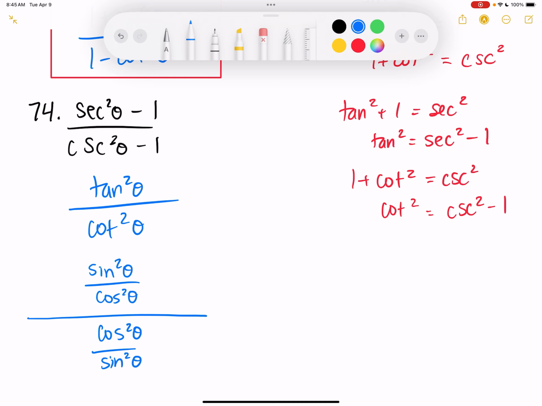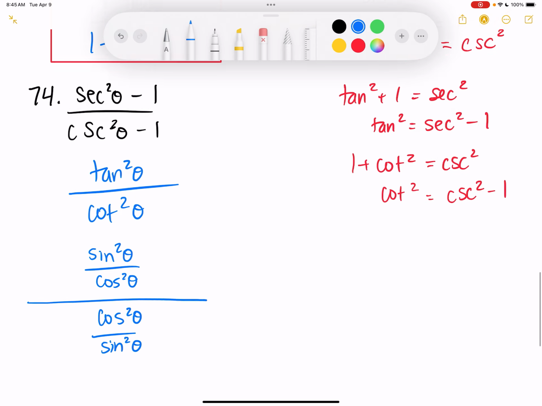So now I've got a fraction over a fraction, so what do I do to get rid of that? Keep, change, flip, multiply. Yeah, all the same thing.